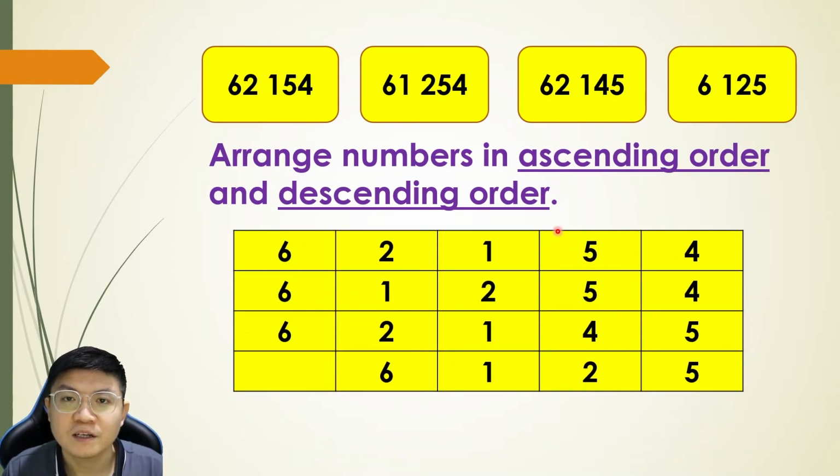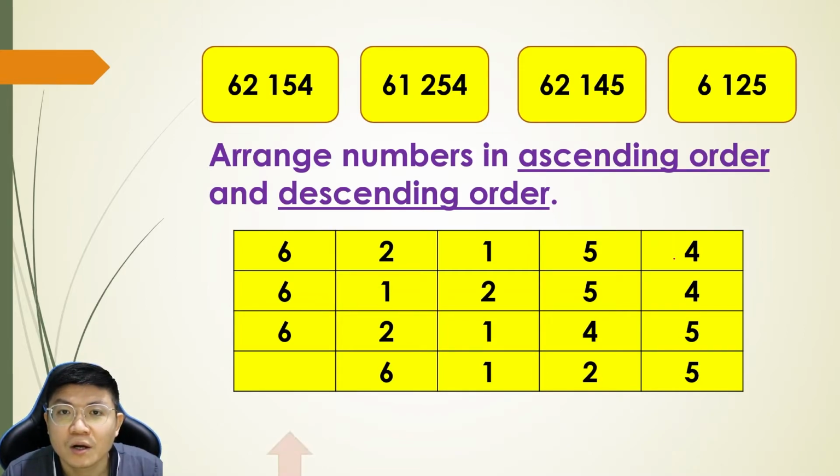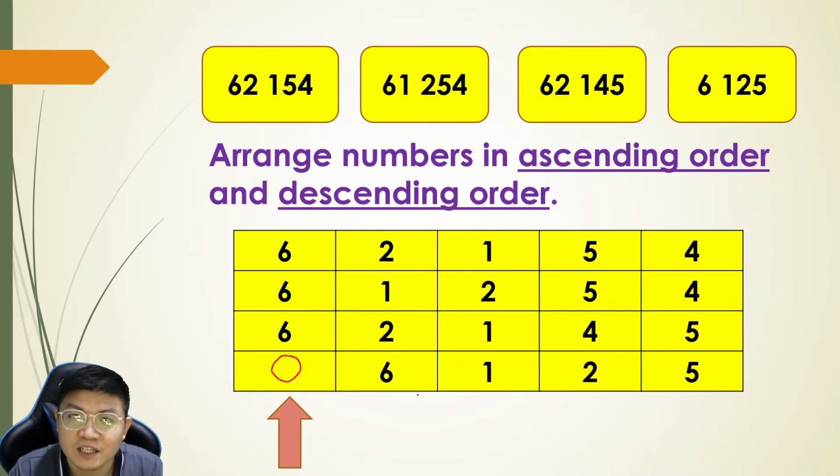Put the numbers into the table and I start to compare them. We start from the left-hand most digit. As you can see, there is no digit here. Or I can say this is 0, right? So definitely this one, the fourth number, is actually the smallest.